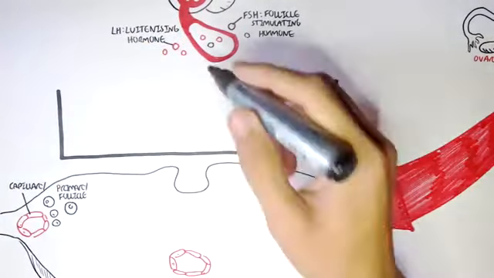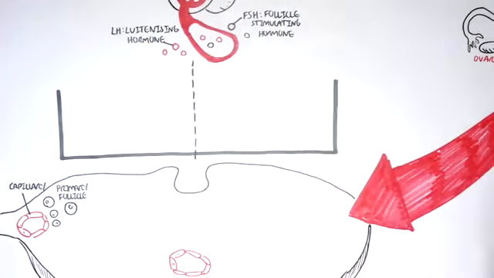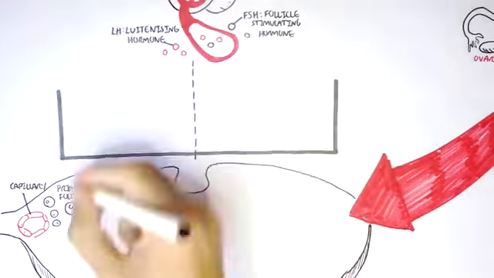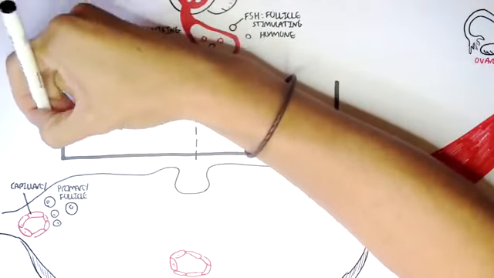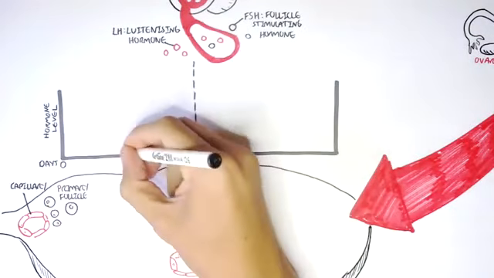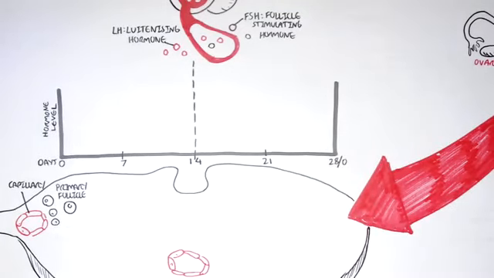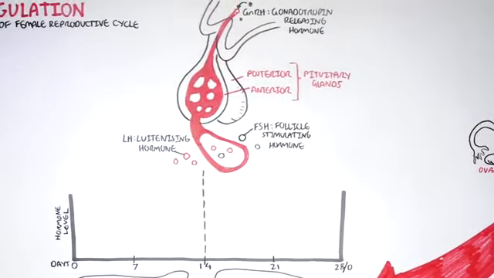Before we continue on, let's look at the changes of the hormone concentrations that come from the brain by looking at a graph. Here we have a y-axis which shows the concentration of the hormones in the blood. And on the x-axis is the duration of the female menstrual cycle, which normally goes for about 28 days.